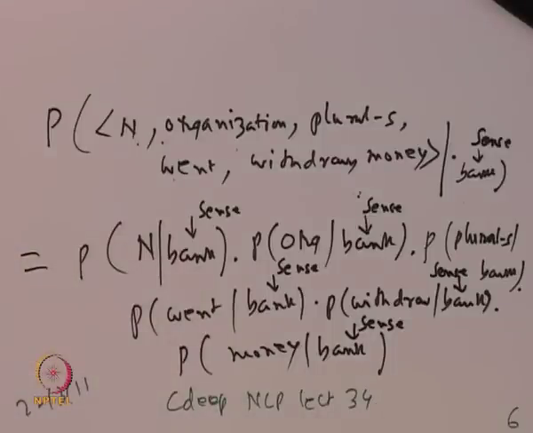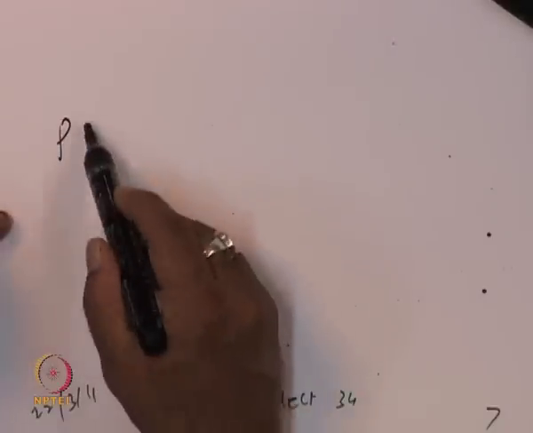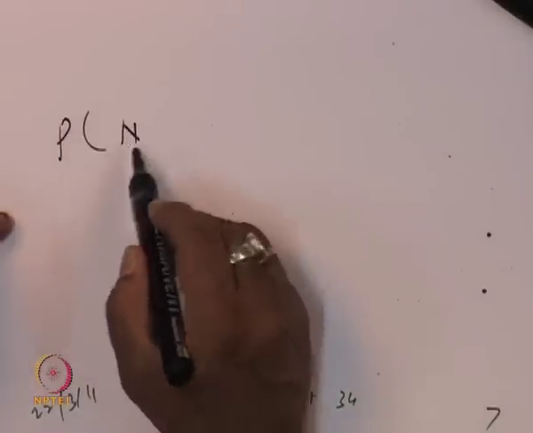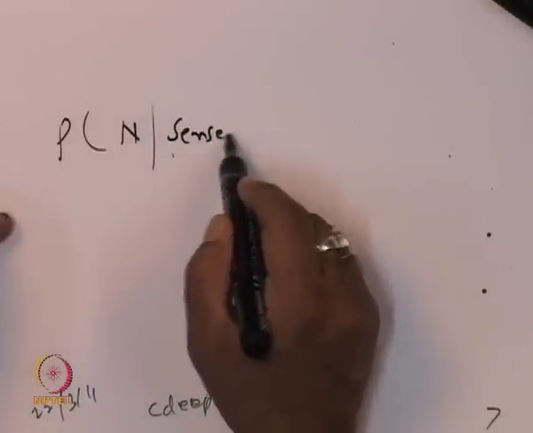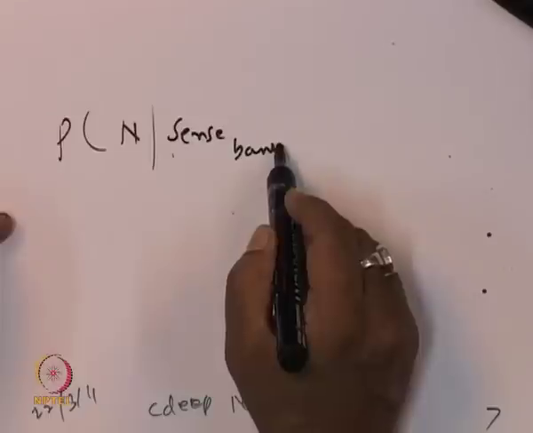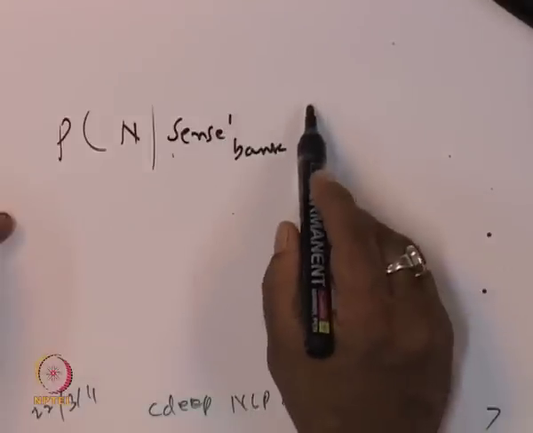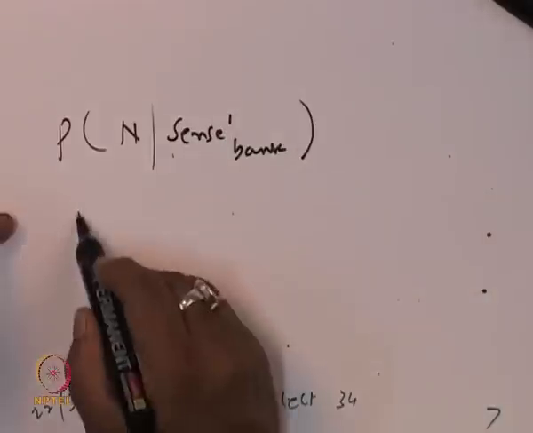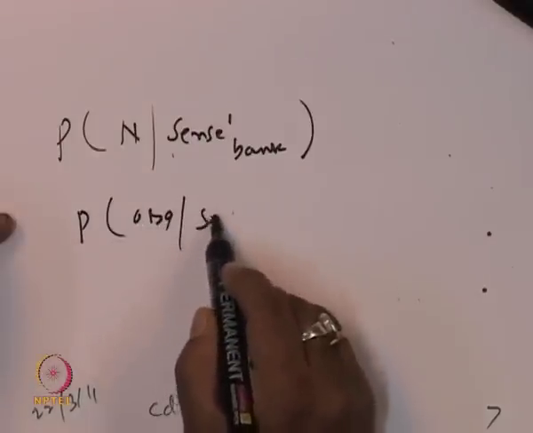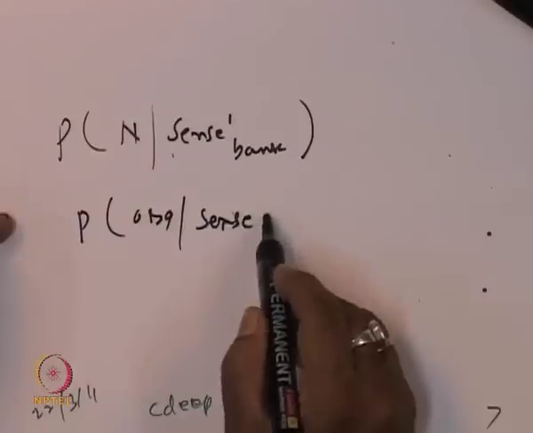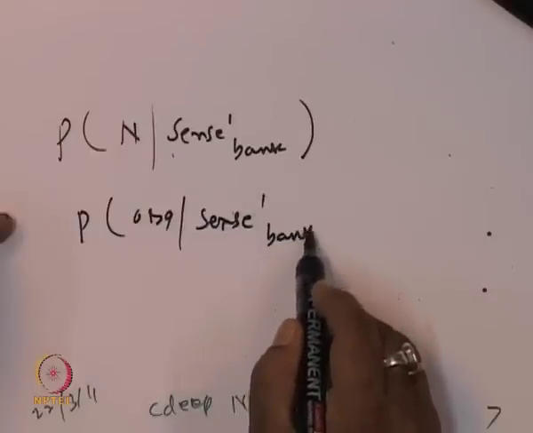Let us consider the independent expression once again. Probability of noun for a particular sense of bank. Okay. Probability of being an organization for the sense 1 of bank.